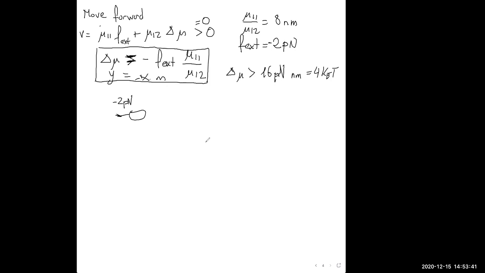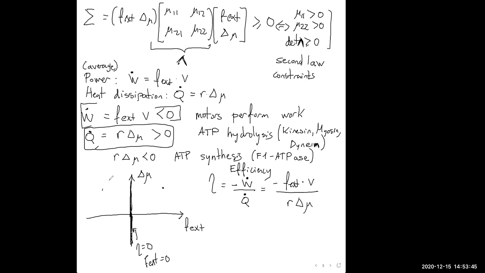Delta mu versus F is a line, along which eta equals 0 because there is zero velocity.